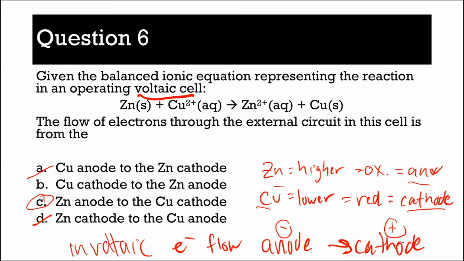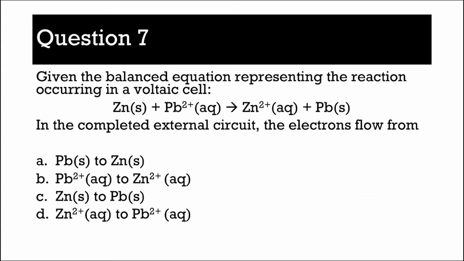Moving forward, number 7. Very similar to number 6, but a few different elements. So now we're looking at zinc and Pb, and it wants to know how the electrons flow. So within this pair, zinc is higher up, so that is oxidized, that is the anode.